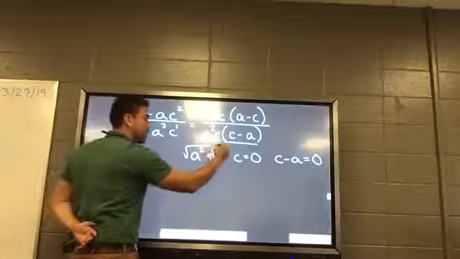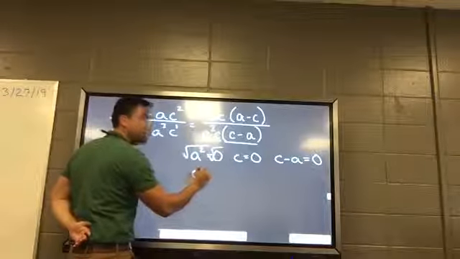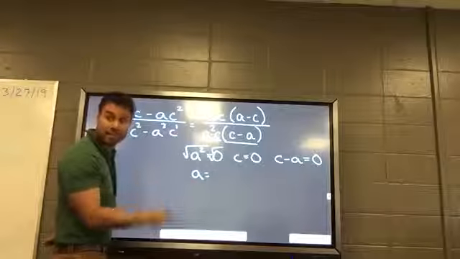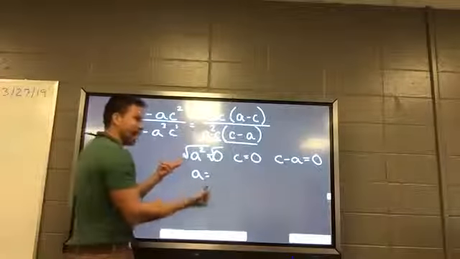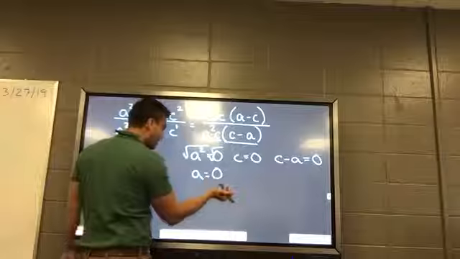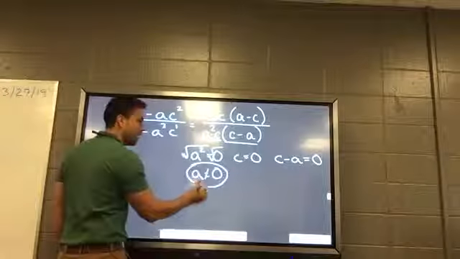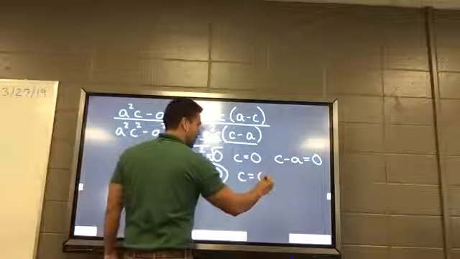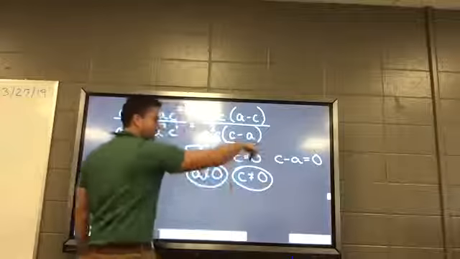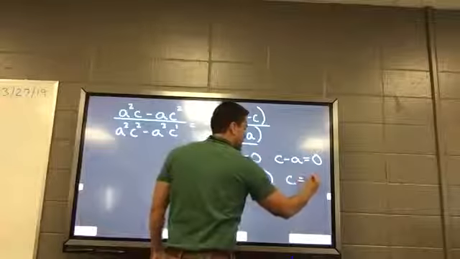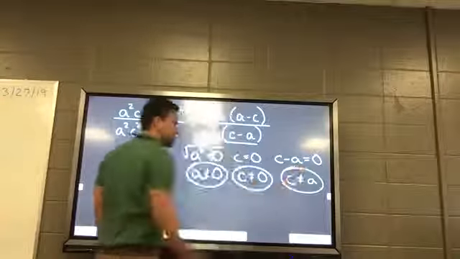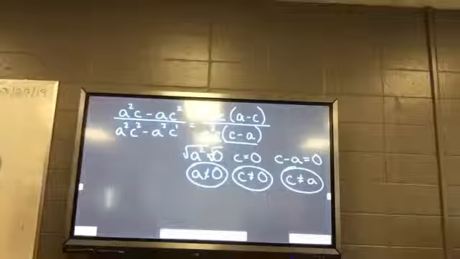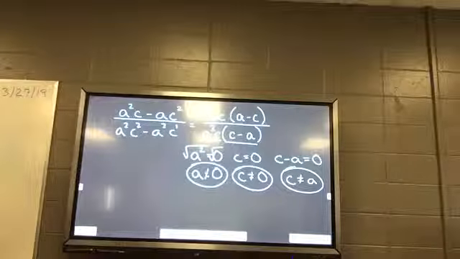Square root it. Now, you would get A equals plus or minus 0. That's 2 numbers. But what do they actually come out to be? Just one thing. A cannot equal 0. What can C not equal? 0. And then what's over there? C cannot equal A. Good. C and A can be the same number. If they are, that's bad. So technically there are 4 excluded values, but 2 of them were the same, so you just write it once.